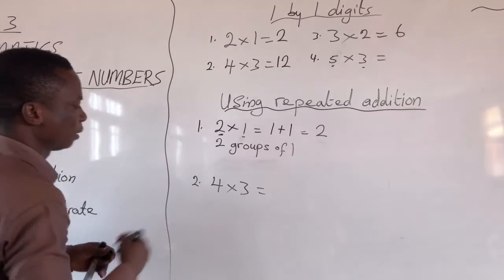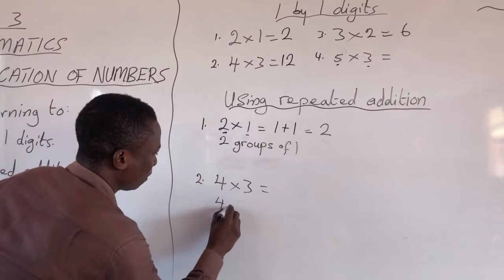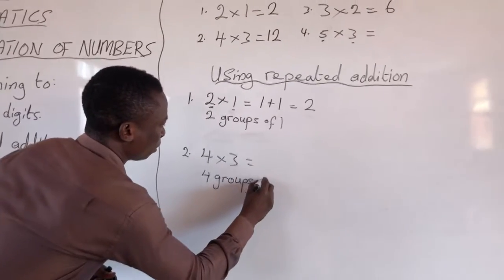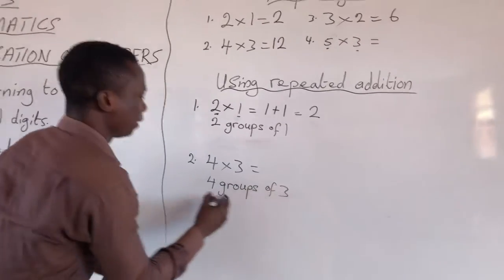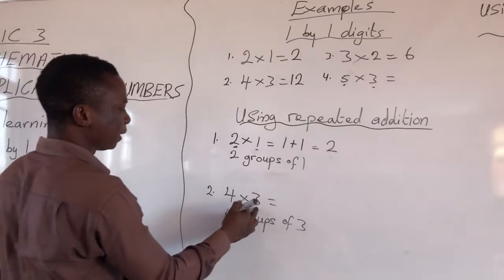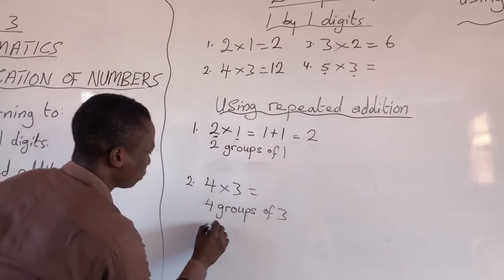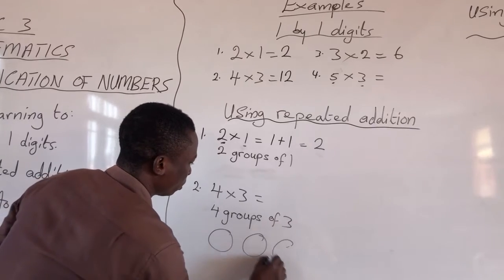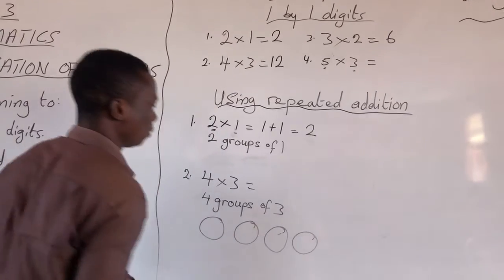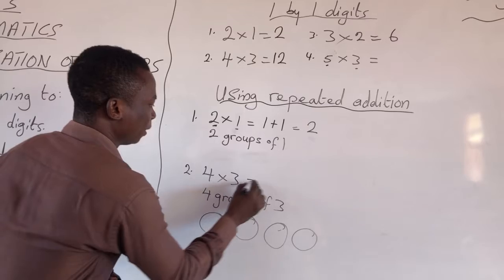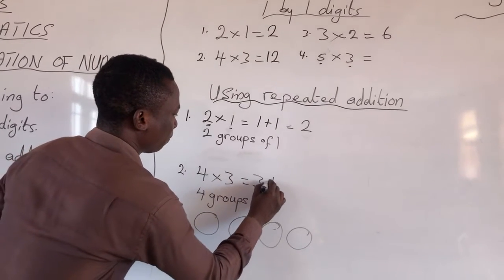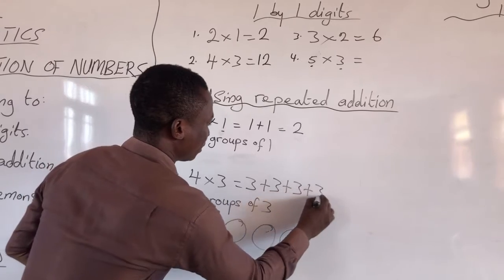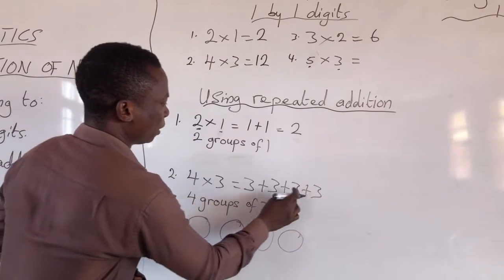Look at this. This is written as 4 groups of 3. 4 groups of 3. So how many groups are you going to draw? 1, 2, 3, 4. Or you come back here: 3 plus 3 plus 3 plus 3. 4 times, 1, 2, 3, 4.